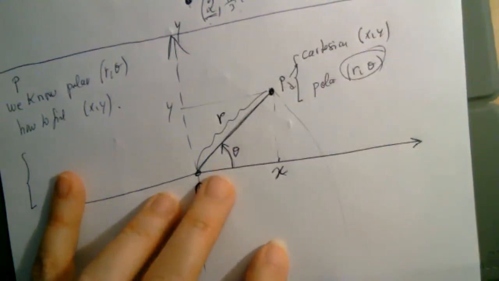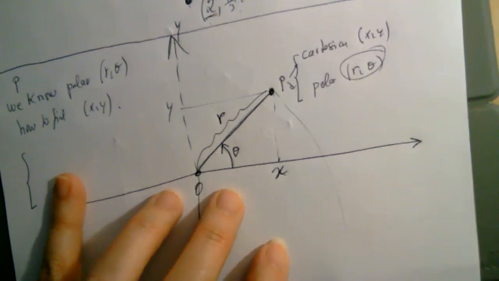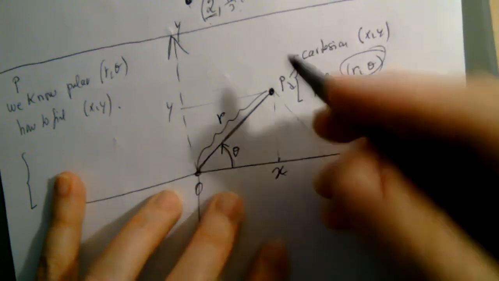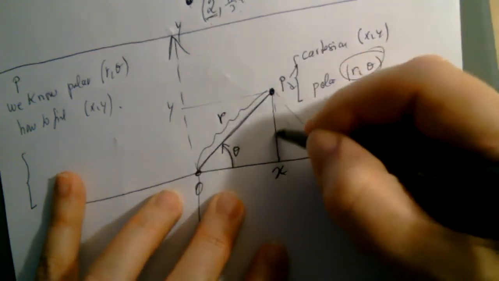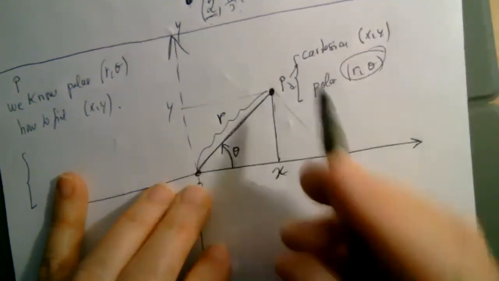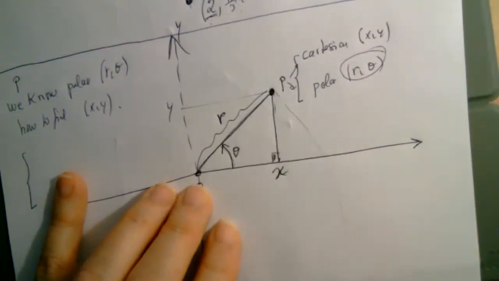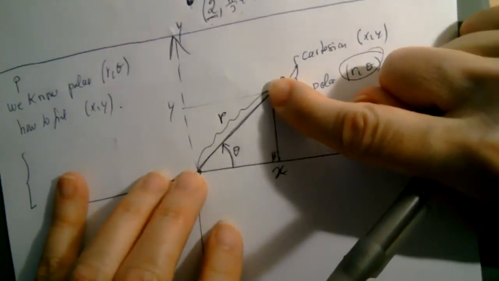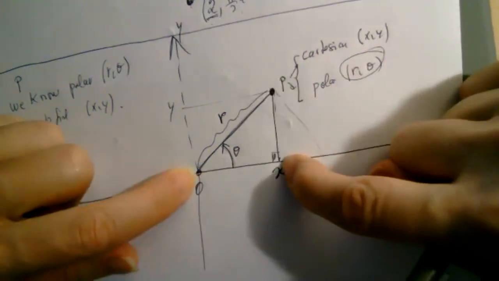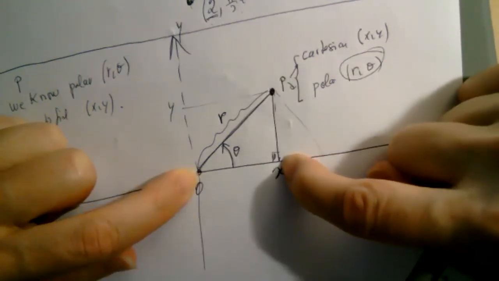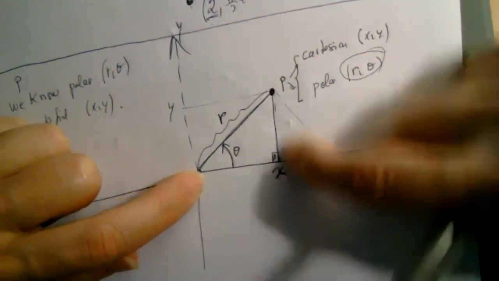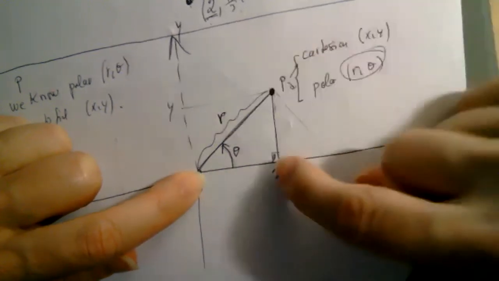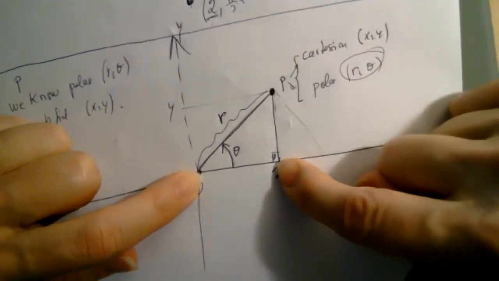No, sorry, no, period. Who can give me x in terms of r? This is a right triangle, and that's the hypotenuse. X is the leg of the triangle. X cannot be r.